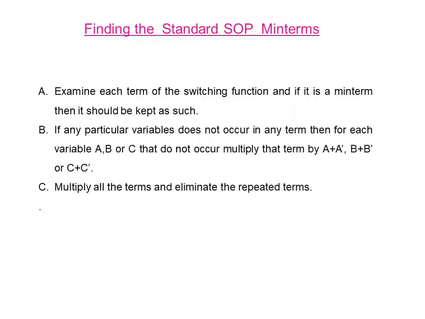Suppose in one minterm the variable a is missing, so we have to multiply the minterm with a plus a bar. Suppose the variable b is missing, then we multiply with b plus b bar. Suppose the variable c is missing, then we multiply with c plus c bar. Now we multiply all the terms, then eliminate the repeated terms.